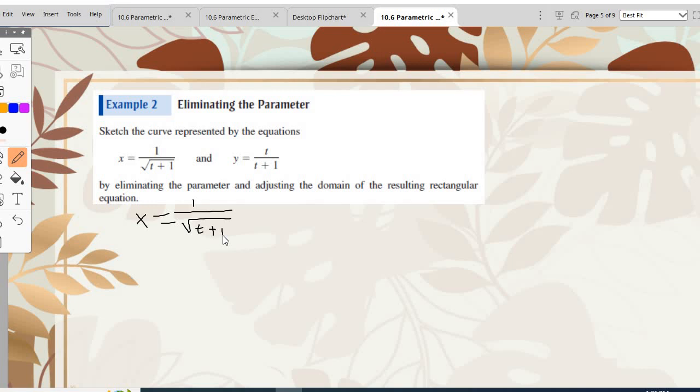Multiply square root of t plus 1. Okay. And then... Alan, what do you think?